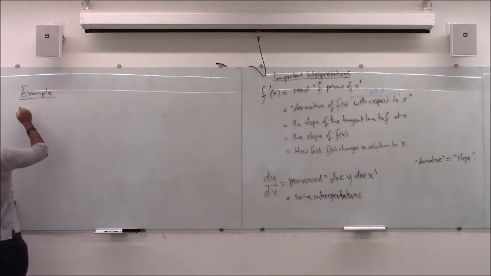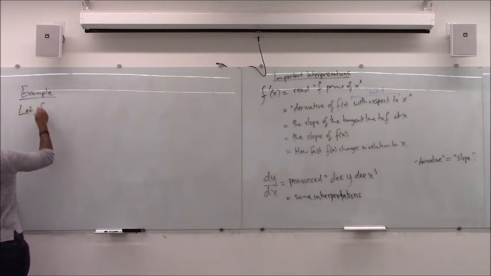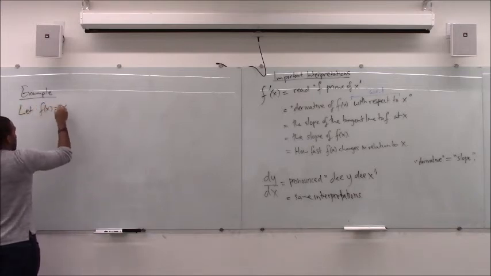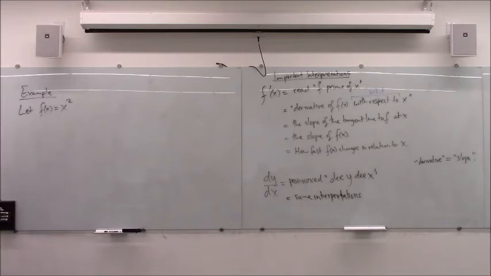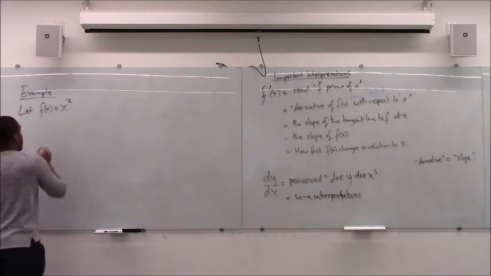They start out with the function x squared, because anything simpler than that is kind of silly to work with. This is complicated enough for you to see something happening and be slightly wowed by it, and at the same time, it's not so complicated that you're going to get lost in the complication and not know what we're doing. x squared is a pretty nice function to start out with. Let this be f of x equals x squared.